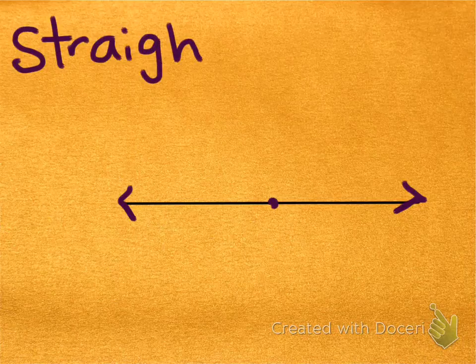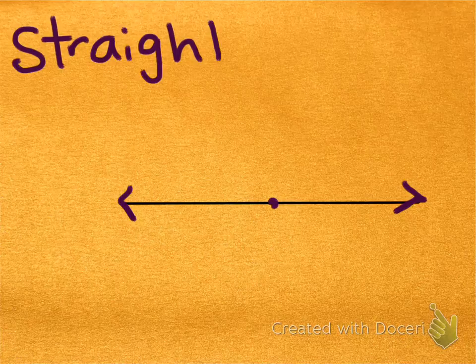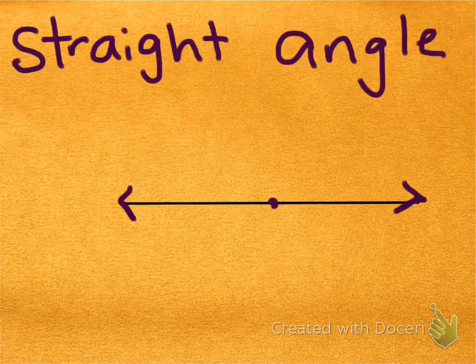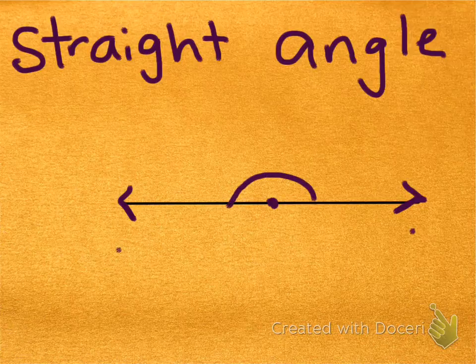Straight angle. Okay. So I have my vertex point at that middle, and I have my arrows on either end. And I use this little half circle symbol to show that it's measuring the angle from this ray all the way to the other.